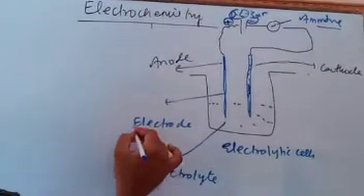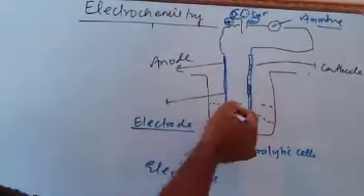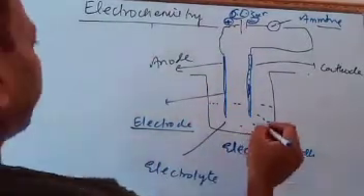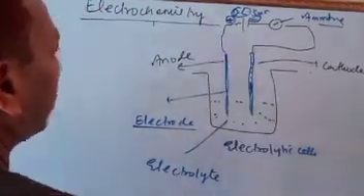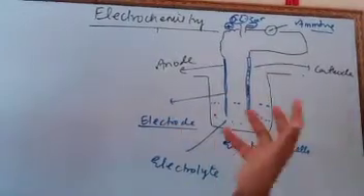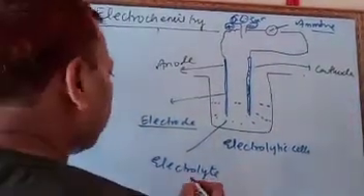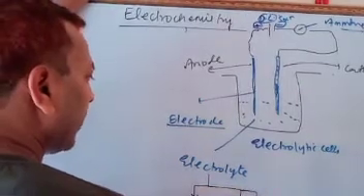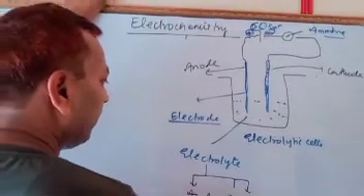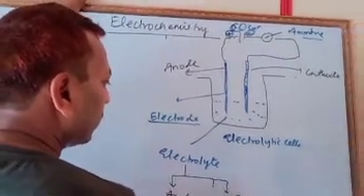So this is an electrode, and this is an electrolyte. Both metal rods are immersed in the electrolyte. This electrolyte may be an acid, base, or salt.